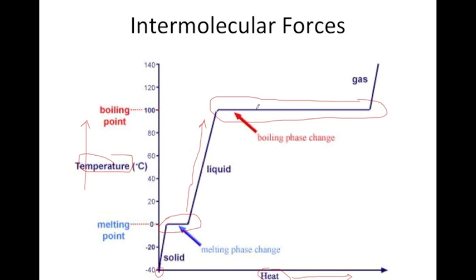The heat is being used to do work, or break the remainder of these intermolecular forces holding the water molecules together. At this phase change, you have an equilibrium. At this phase change and the melting phase change as well, the liquid and gas particles are in equilibrium.